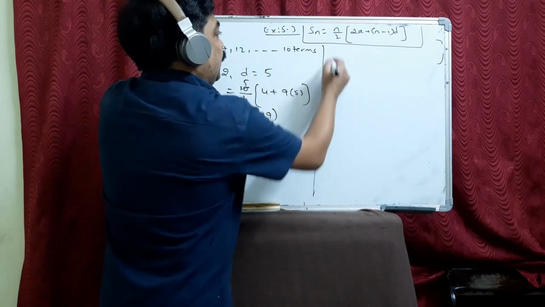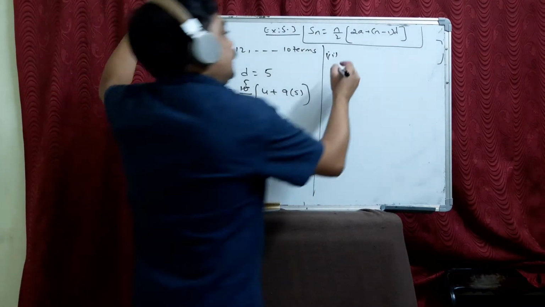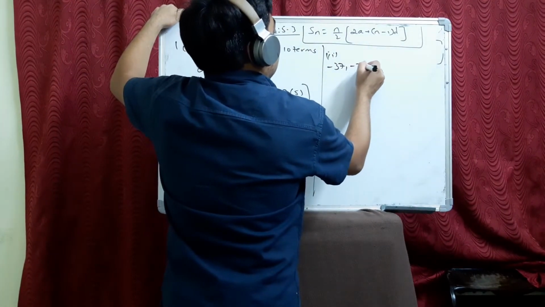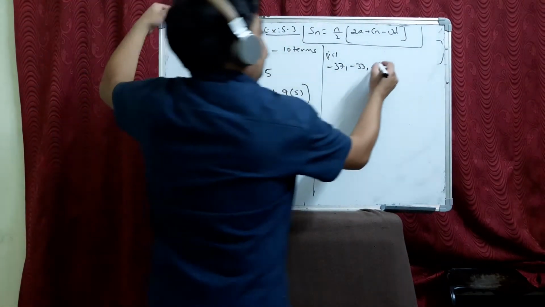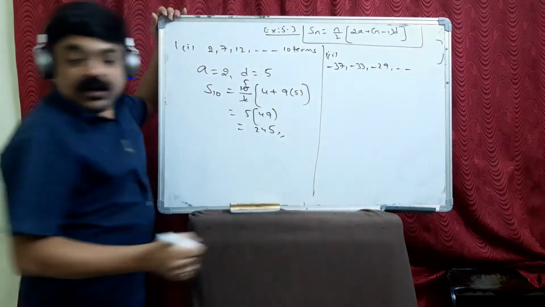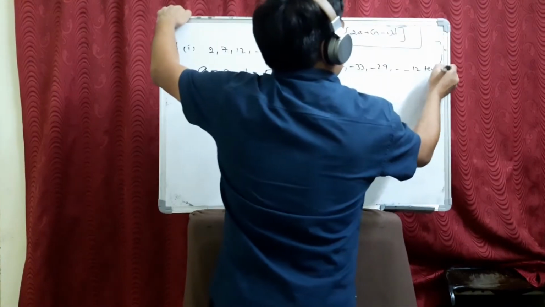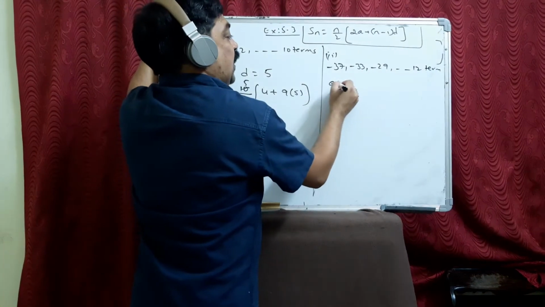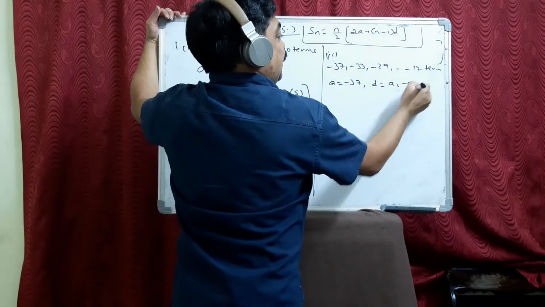Now the second problem. In this, the series is minus 37, minus 33, minus 29, and so on, and you are asked to add till 12 terms. So always write a and d first. d is a2 minus a1.